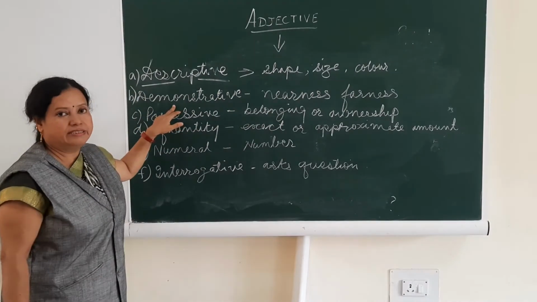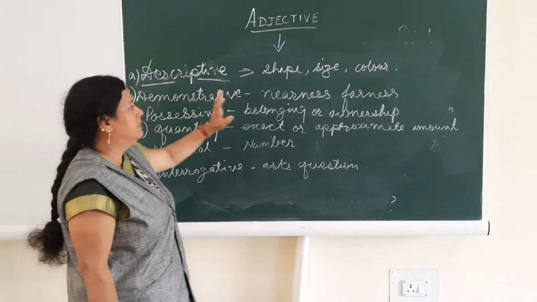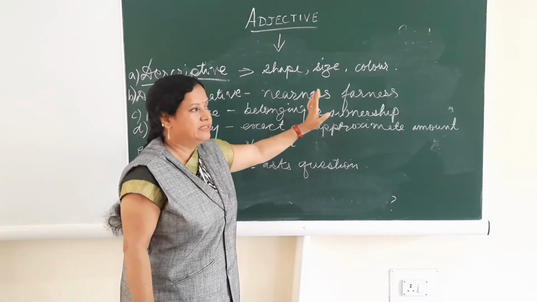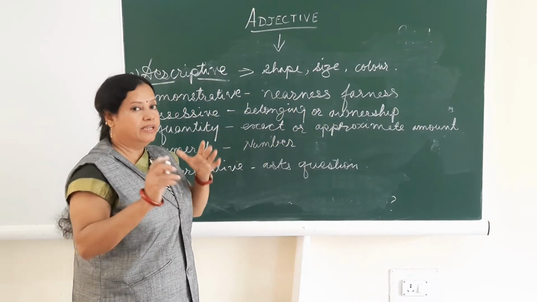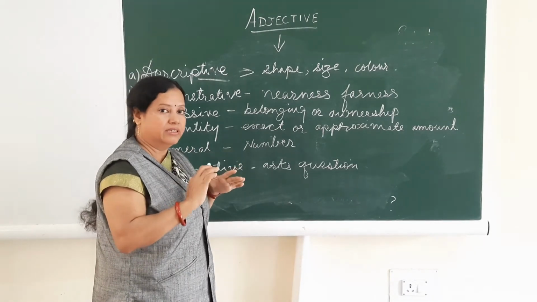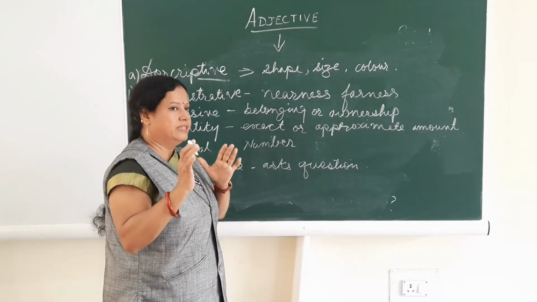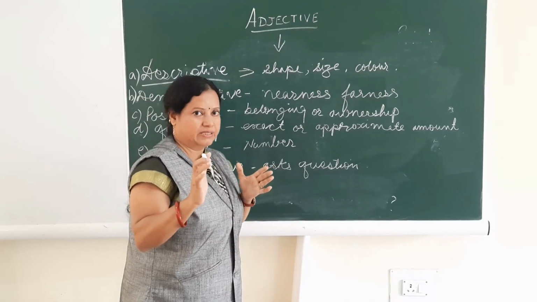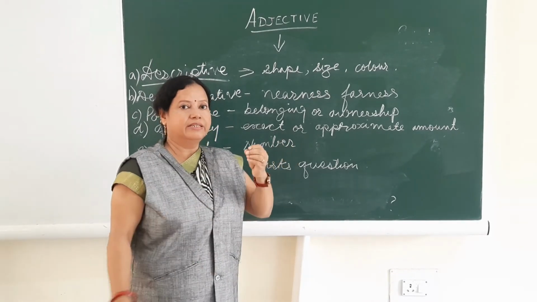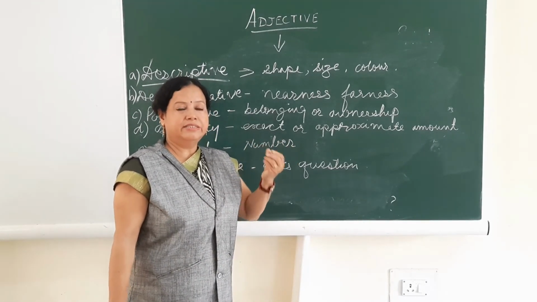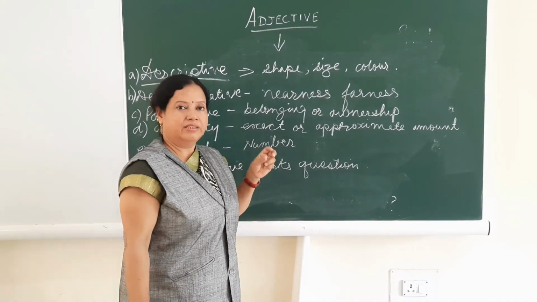This adjective is describing nearness and farness. It is saying which one, whether the thing is near or far. Mostly in class 5, you have words like this, that, these, those, such and yonder.